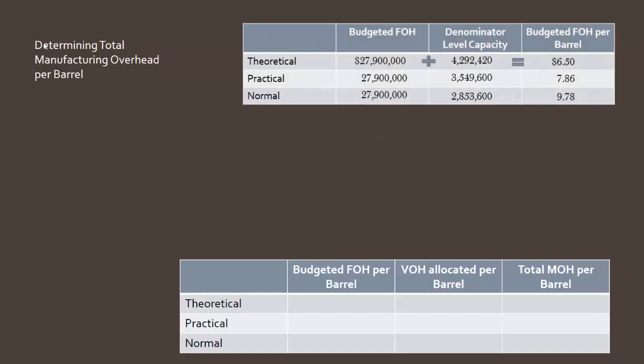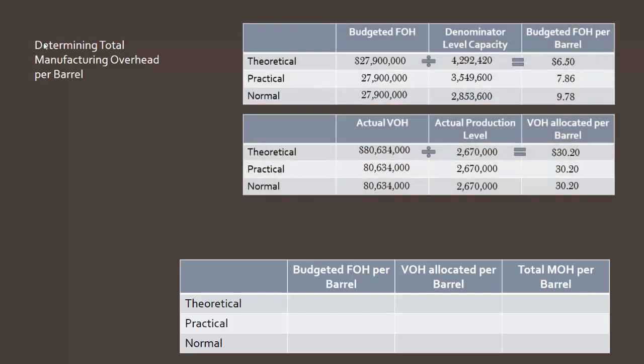Which means, given the information that we already have, theoretically, if we produce the maximum amount of barrels we could, we should allocate out budgeted fixed overhead of $6.50 to each barrel, and $7.86 for practical, and $9.78 for normal. For variable, well, it stays exactly the same. It's $30.20 per barrel.